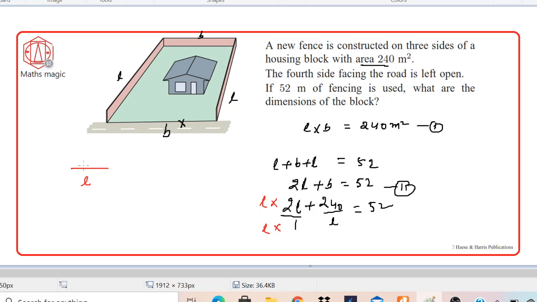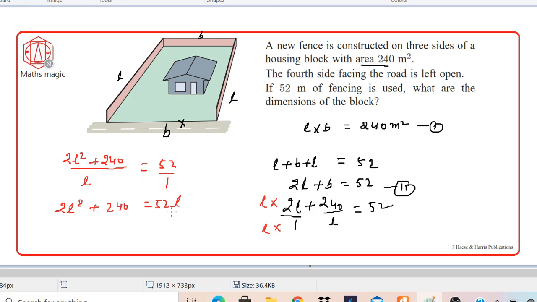L times 2L becomes 2L square, and then 240 plus 240 is equal to 52. So you can cross multiply to get the complete answer. So it's 2L square plus 240 is equal to 52L.